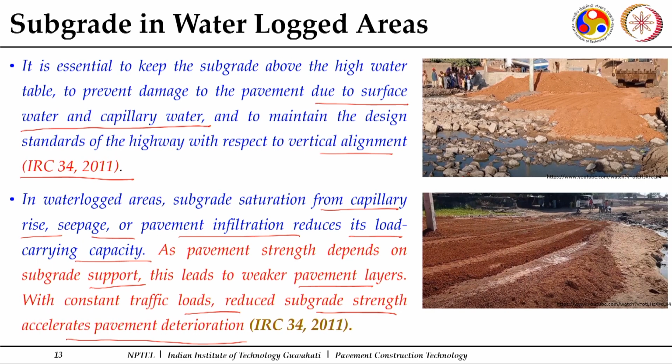Now, what happens if during subgrade construction I have selected a good soil and good density parameters, but unfortunately, because of some challenges, I am not using the soil which has been selected for it? I am using a soil which has a strength lesser than what was considered during the design.